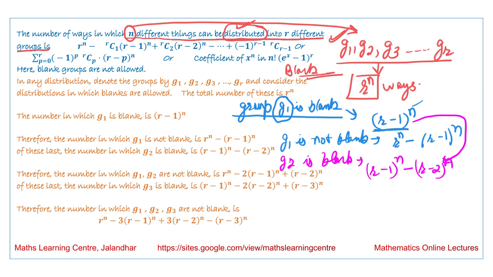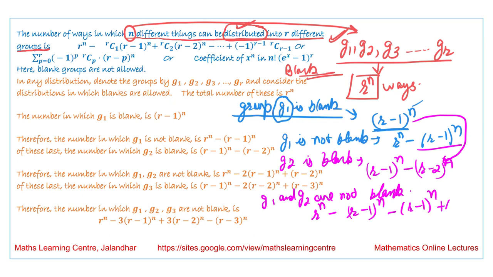So the number of ways in which G1 and G2 are not blank will be r raised to the power n minus r minus 1 raised to the power n minus r minus 1 raised to the power n plus r minus 2 raised to the power n. So this gives us r raised to the power n minus 2 times r minus 1 raised to the power n plus r minus 2 raised to the power n.